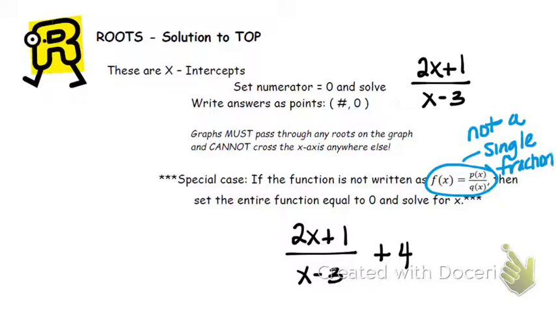It's a fraction and then plus or minus something. That's a special case. When that happens, we're going to set the entire function equal to 0 and solve it for x. That's what we're going to do when it's a special function.